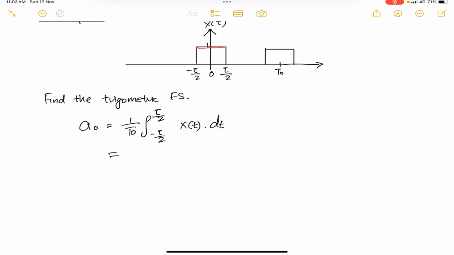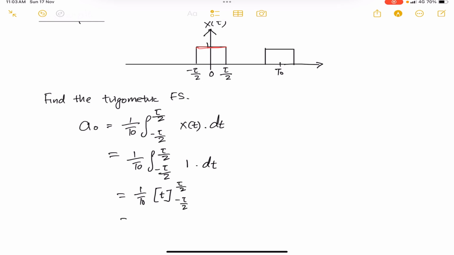The x(t) amplitude is 1. So 1 over T0 integration from negative tau over 2 to tau over 2, x(t) is 1, dt. Then you can integrate the 1, and you get t.